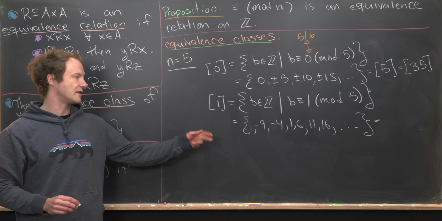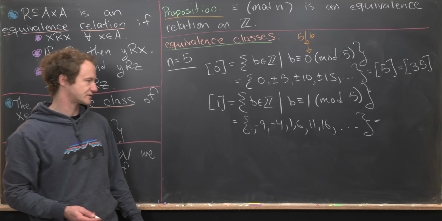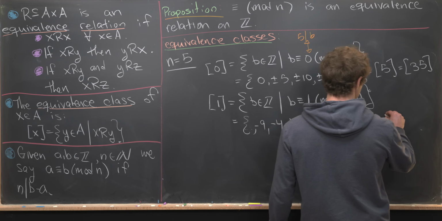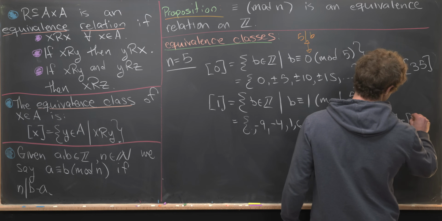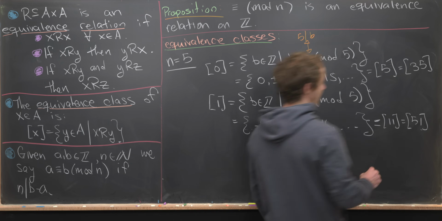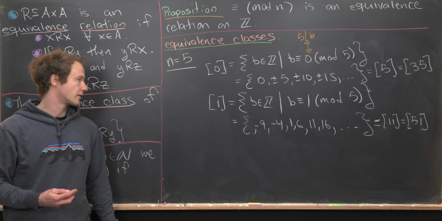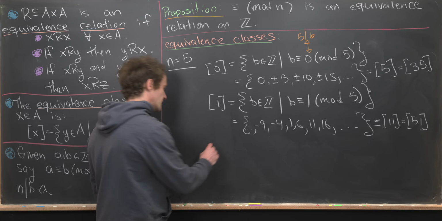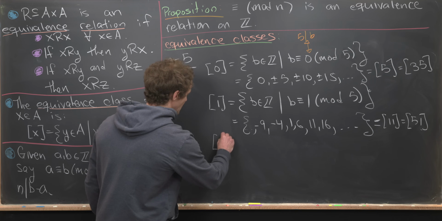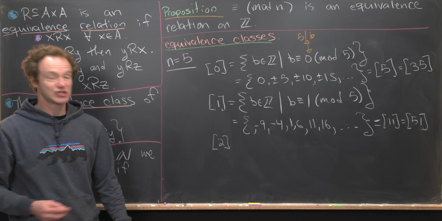And I want to point out that we could take another equivalence class representative as well. This is going to be the same thing as the equivalence class of 11, the equivalence class of 51, and again, so on and so forth. So it's not too hard to see that we're going to get 3 more equivalence classes in this case. We'll get the equivalence class of 2.